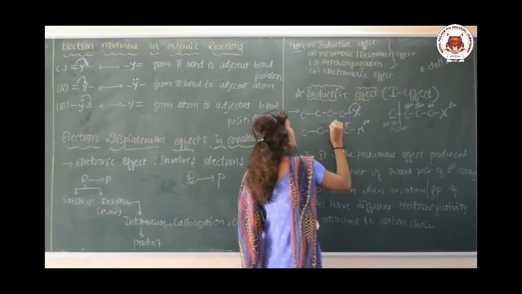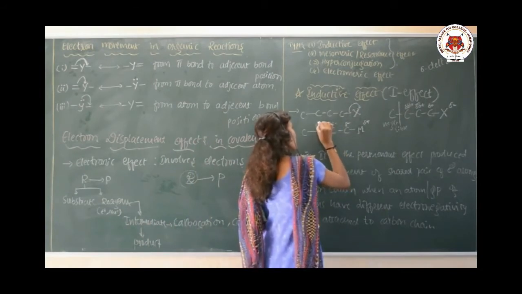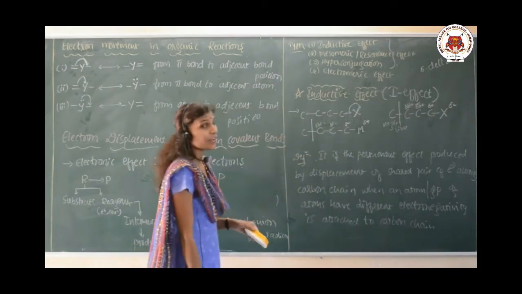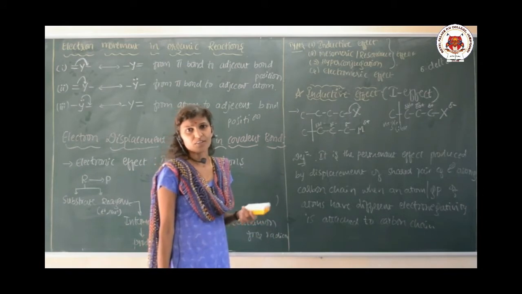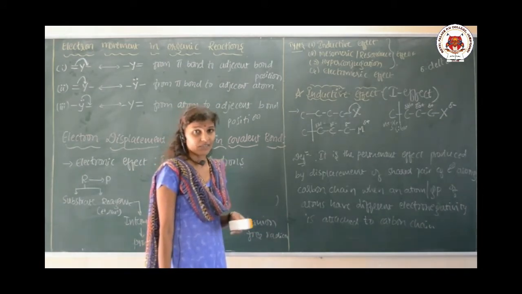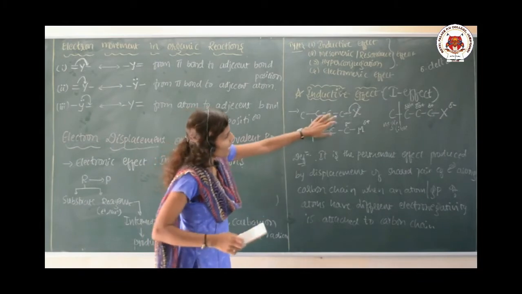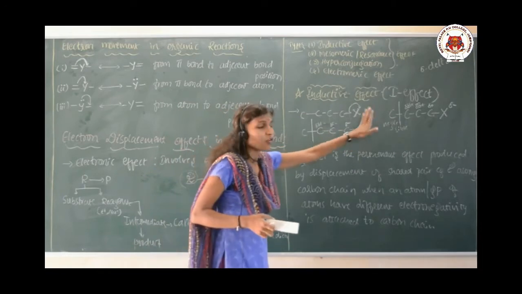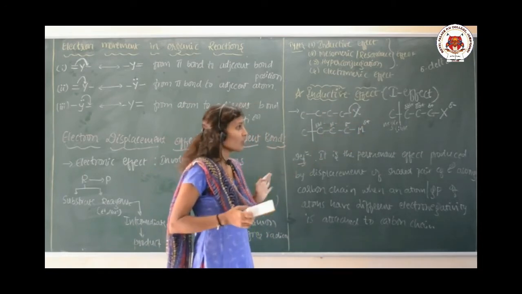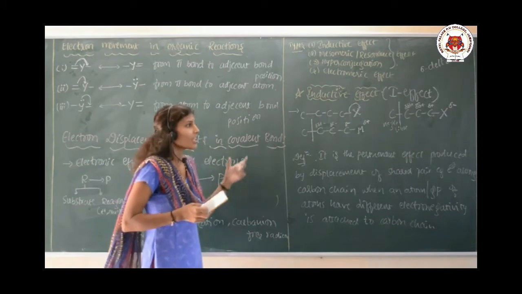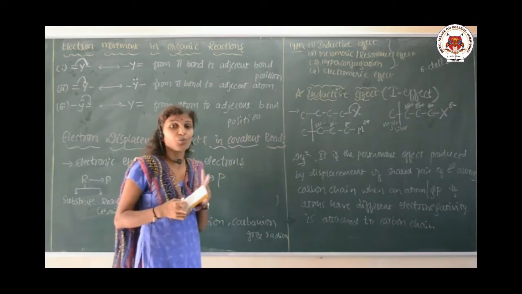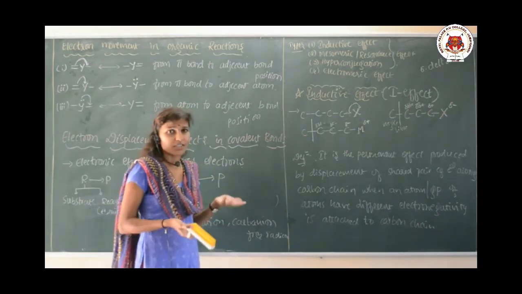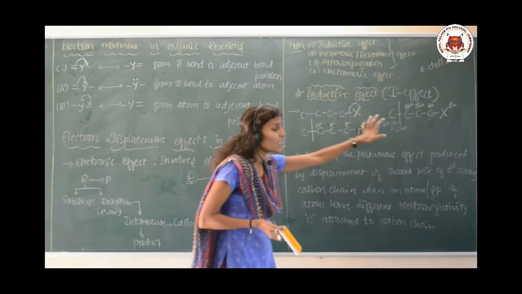It gets a little negative, and after the third carbon the effect will be negligible. So here one atom is electron withdrawing, and one more is electron giving. Depending upon these two, the I effect is further classified into two categories: plus I effect and minus I effect. That we will discuss.